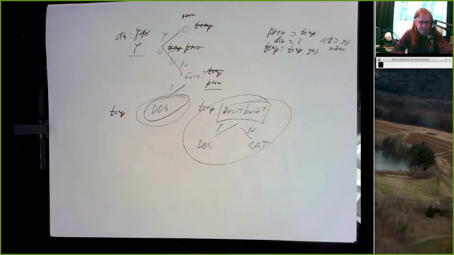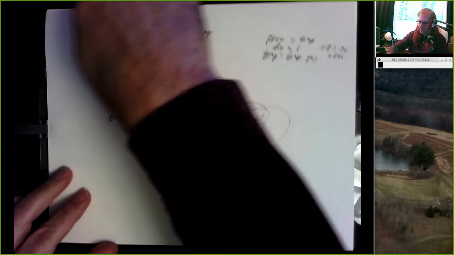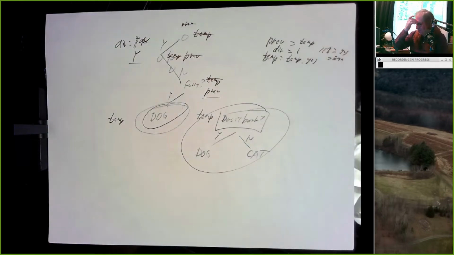So you don't even necessarily need a constructor. Constructors are kind of a convenience thing. No, I mean for creating a new node, like when you're ingesting. Right. Well, ingesting is different.